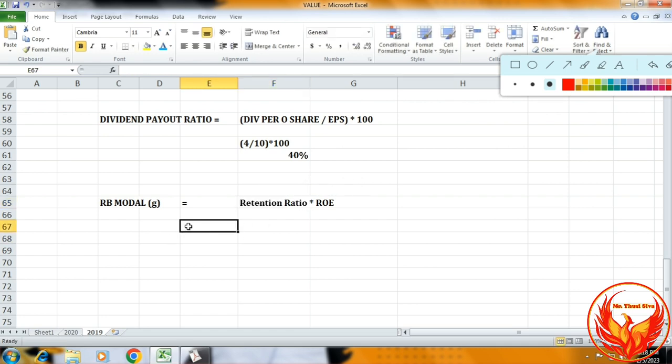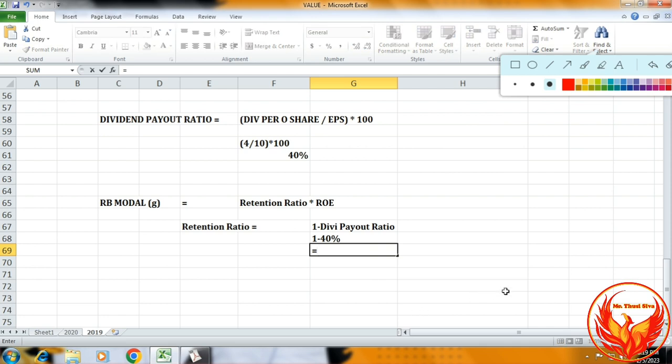Retention ratio equals one minus the dividend payout ratio. The dividend payout ratio is already calculated as 40%. So the answer is the retention ratio is 60%.